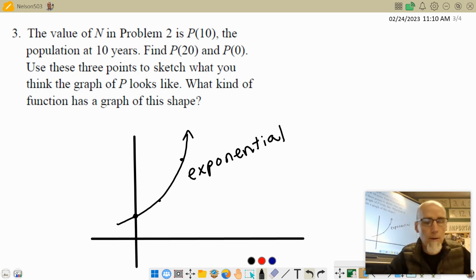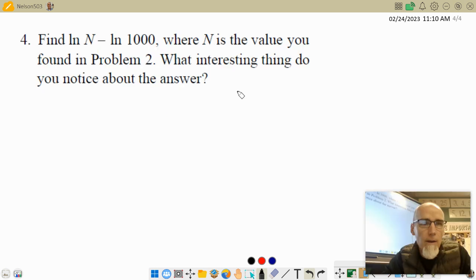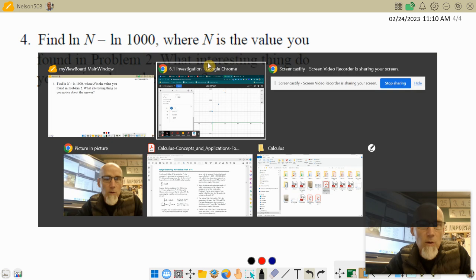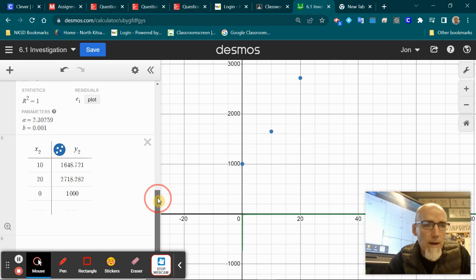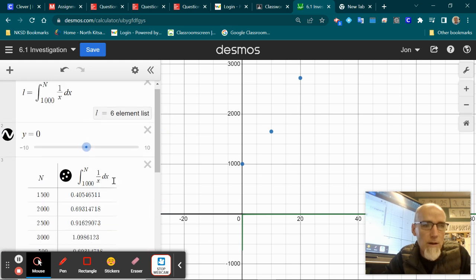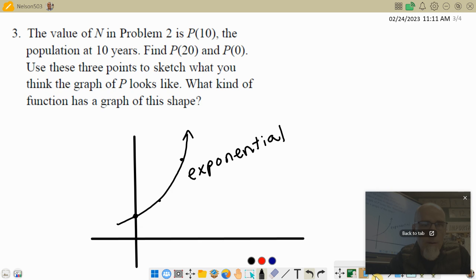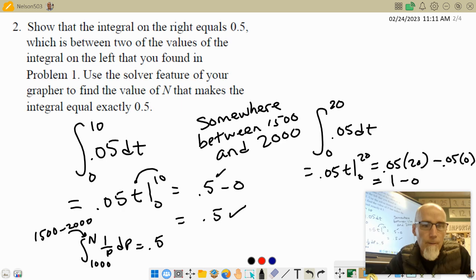All right. So let's see on question number 4 what they want us to do. Find natural log of n minus natural log of 1,000, where n is the value found in problem number 2. Okay, so let's go back here. And n in problem number 2 was, let's look back at number 2, our n right here was 16 something.